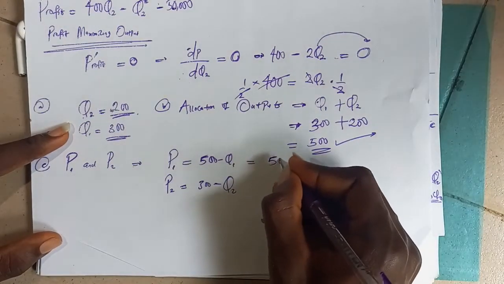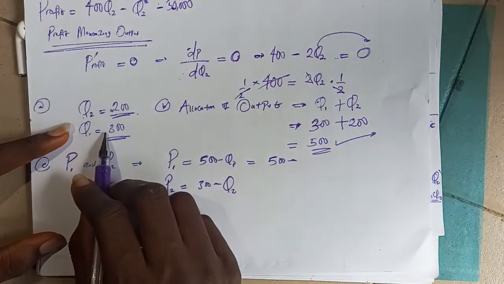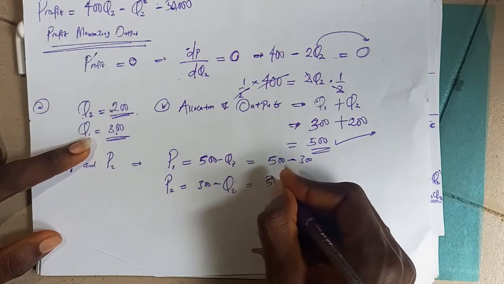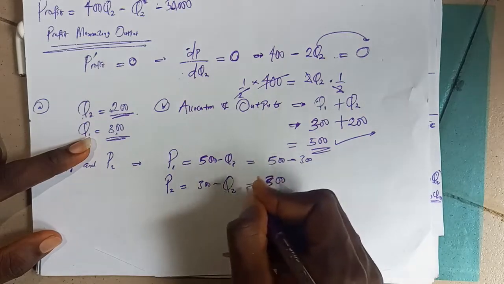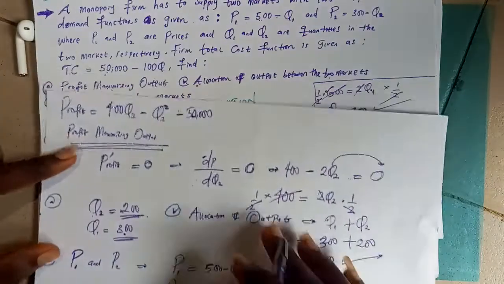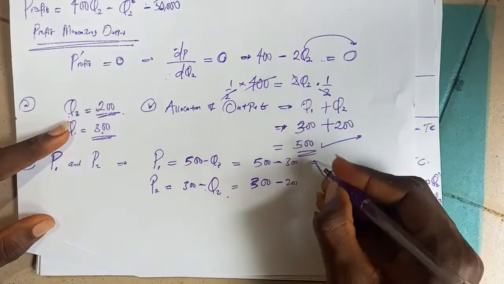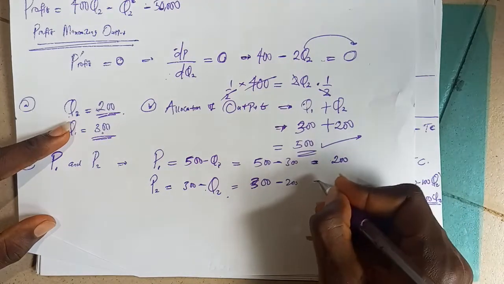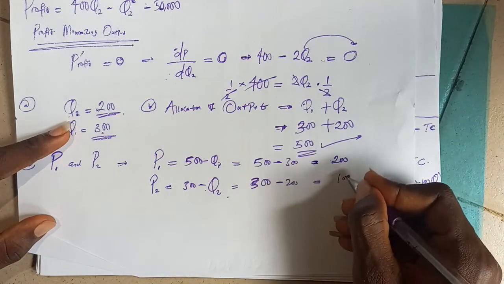So recall that we computed Q1 as 300, and Q2 as 200. Hence, when you subtract, you end up having 200, and 100.